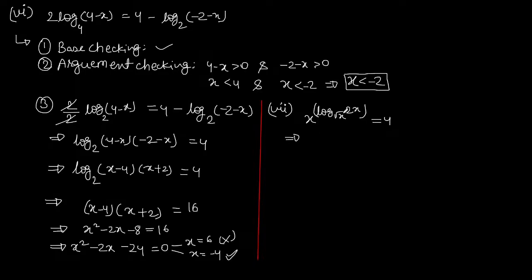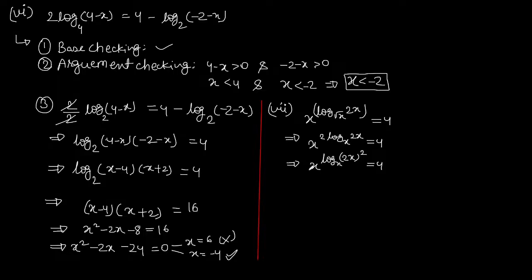So x to the power 1 by 2 will come out to be 1 upon 1 by 2, which is nothing but x square, log base x of 2x equal to 4. Then we'll go with 2 will go to the power of 2, which is nothing but (log base x of 2x) whole square equal to 4.